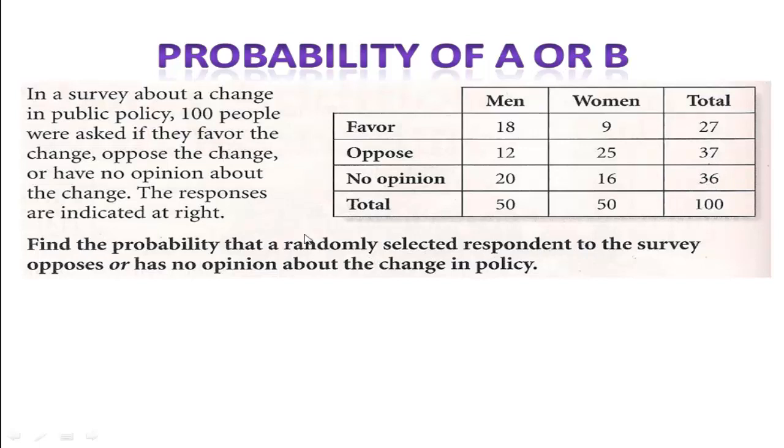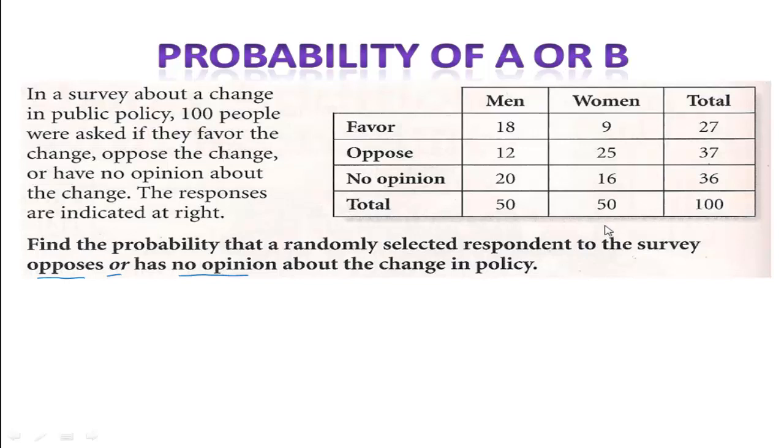Now, for the probability that a randomly selected respondent opposes or has no opinion about the change in policy, we have to decide if these events are mutually exclusive or inclusive. If someone opposes it or has no opinion on it, these are mutually exclusive events. I cannot pull out a person randomly from the group of 100 people and have that person vote for both.